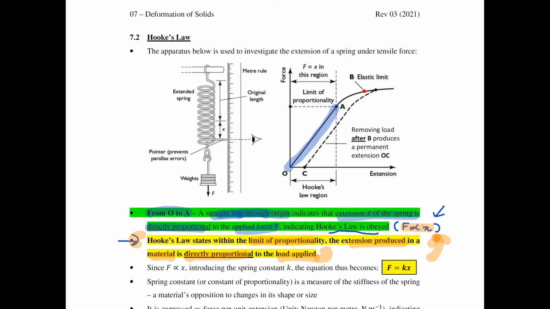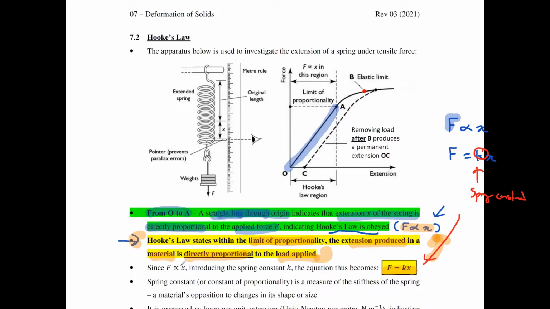Now it's from this form of the equation that you eventually get F equals Kx. You remember that in maths, if you want to get rid of your proportionality sign, you will normally introduce a constant. This constant here is known as your spring constant.